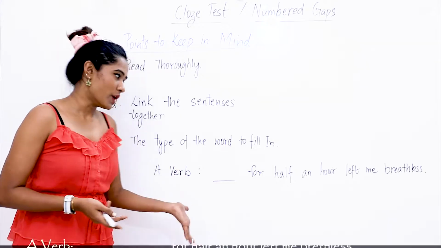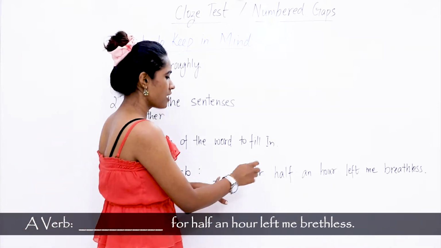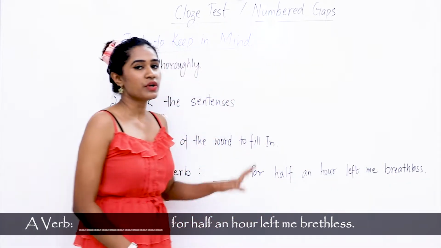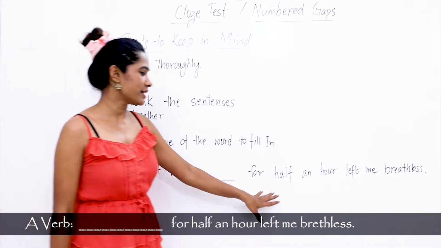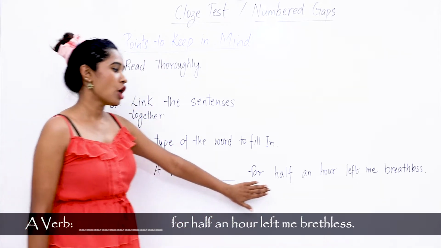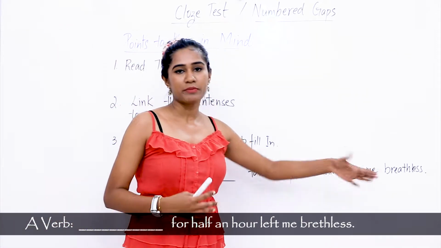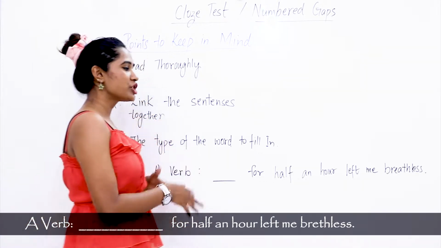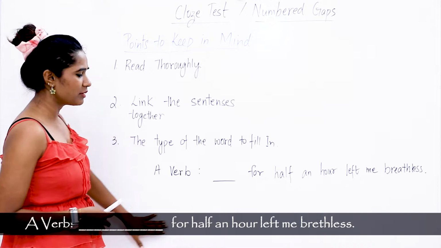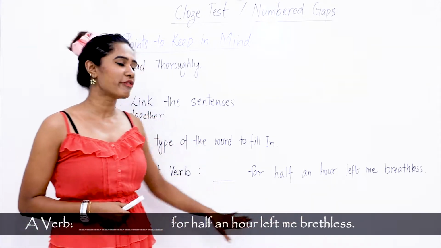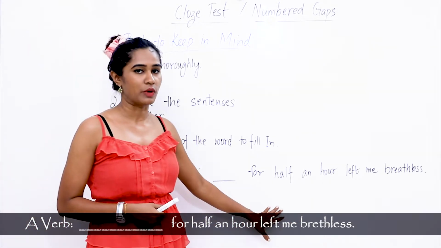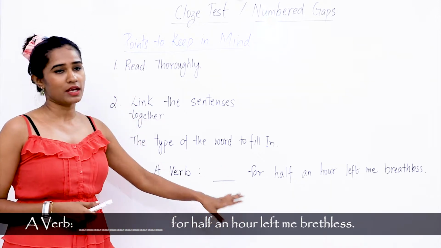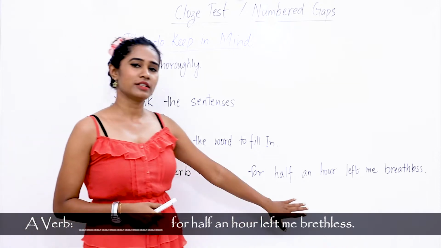When it comes to a verb: dash for half an hour left me breathless. Here you have to fill the blank with something which left you breathless. There will be n number of options provided and you have to figure out the right one. It can be exercise, gymming, swimming, hard work, or other kinds of options.